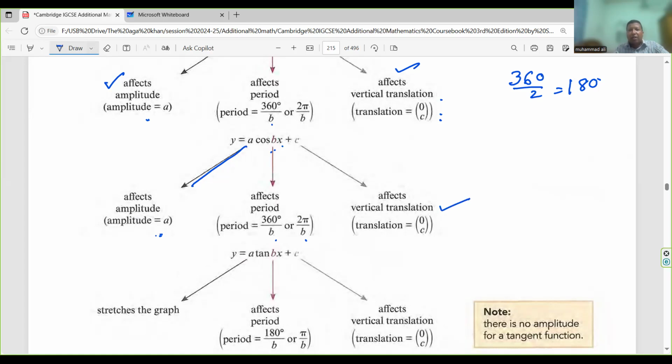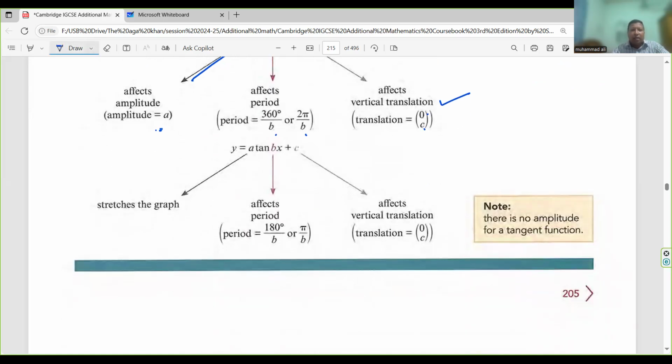And another, y equals a tan bx. We know that the tan x function doesn't have any amplitude, so a just stretches the graph. And b affects period. So period will be 180 degree divided by b, and this constant affects vertical translation.